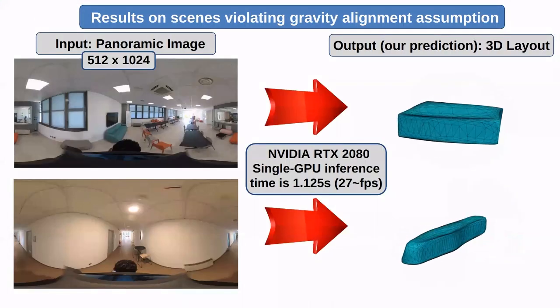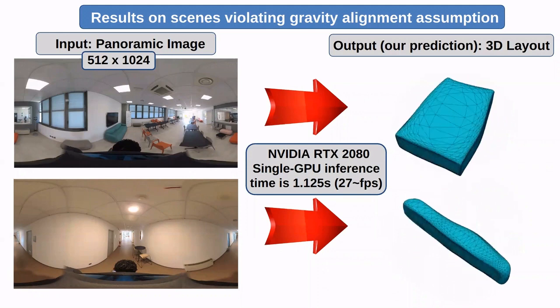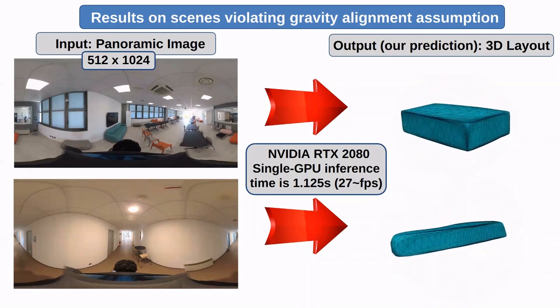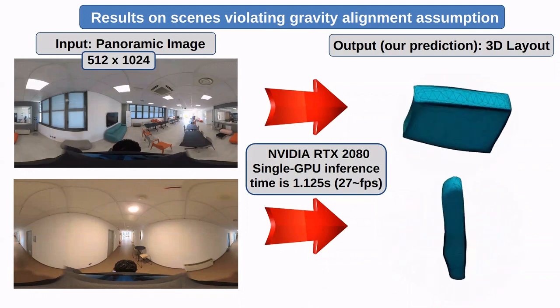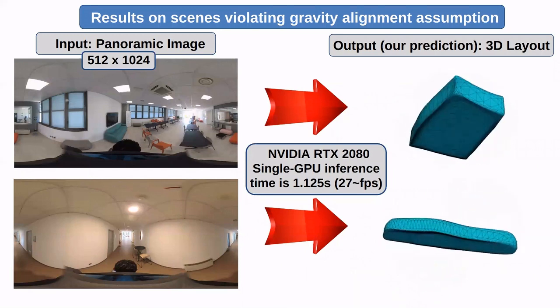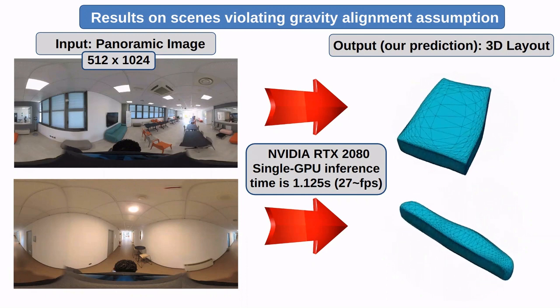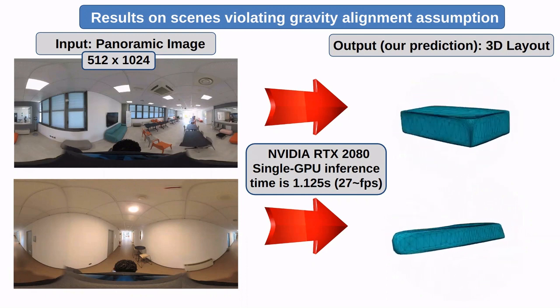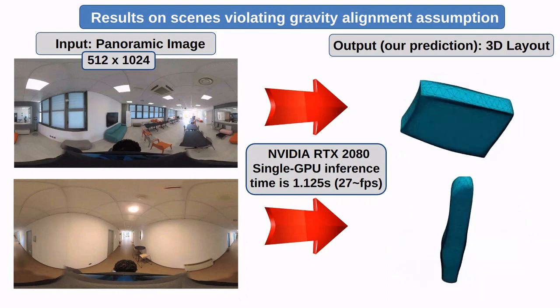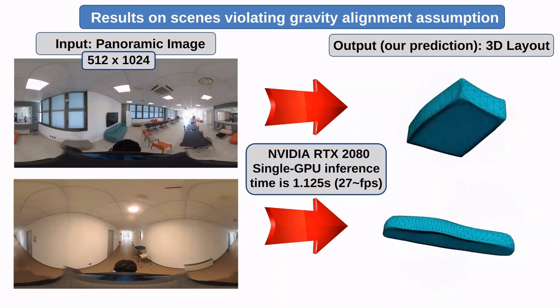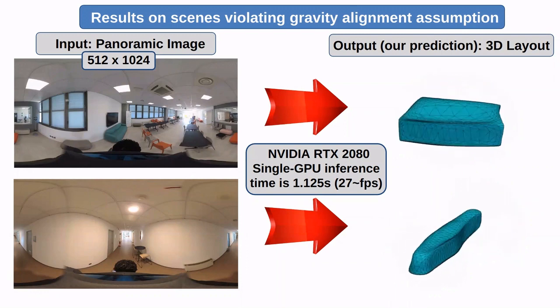We can predict the results starting from a 512 times 1024 image at a rate of 27 frames per second on a single NVIDIA RTX 2080 GPU. The figure shows how, using just a single shot RGB capture, the method is able to estimate a plausible 3D layout.